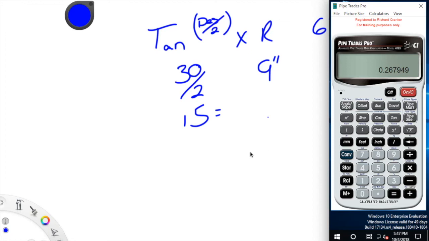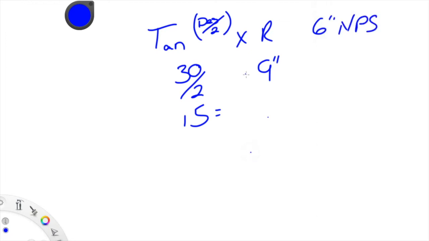We're going to go with 0.268. You can find this in a tangent table on your wraparounds, in your fitter books, framing squares. Tangent tables are everywhere. So all we're going to do is multiply that by 9 inches, and we will arrive at the same takeoff that we had before.